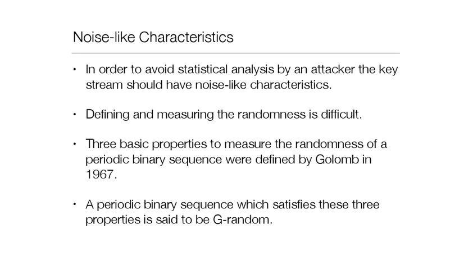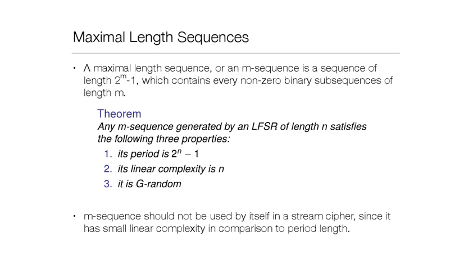These are the three conditions, G1, G2, and G3. And then just have an idea about the maximum length sequence and know this theorem. And then you have to know about examples of stream ciphers and their uses.